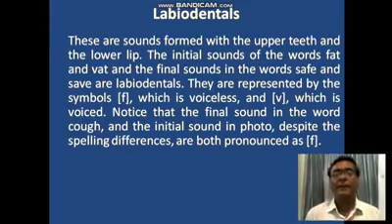Let's again try. Fa, va. So fat, the initial sound at the beginning of the word fat, and then vat, and the final sounds in the words save. So these are labiodental sounds. They are represented by the symbols fa, not f.